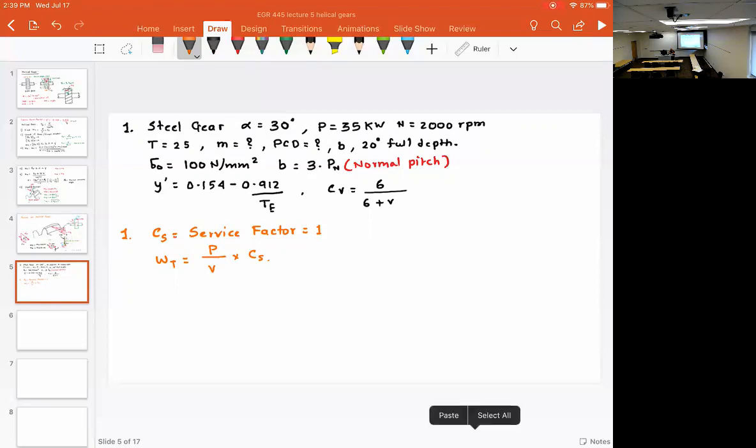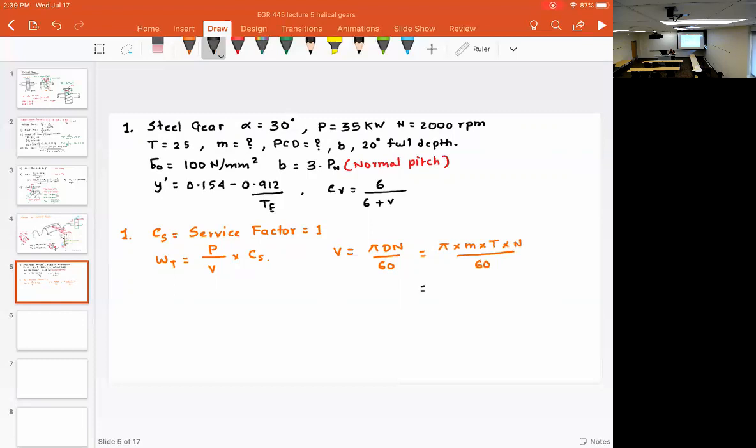So v is equal to pi d n by 60, and I'll keep this as pi multiplied by d, which is the module multiplied by the number of teeth, multiplied by n divided by 60.